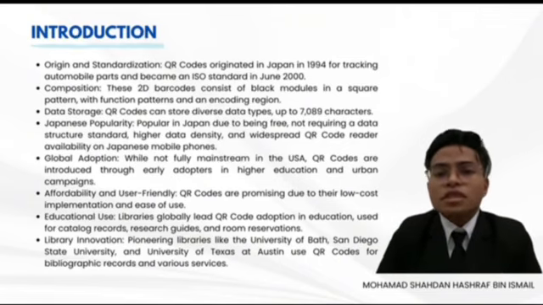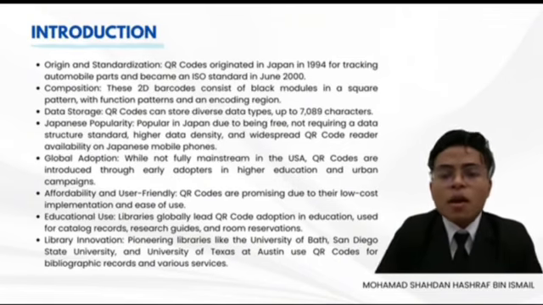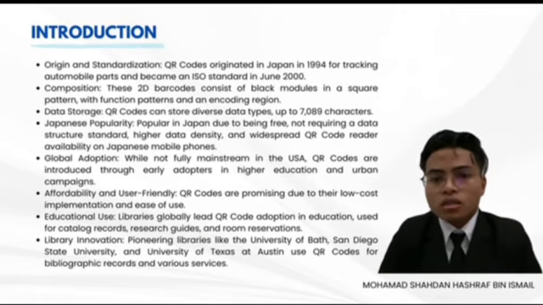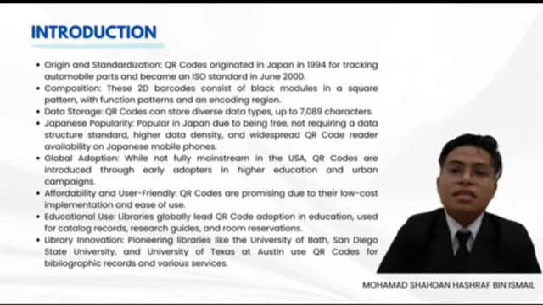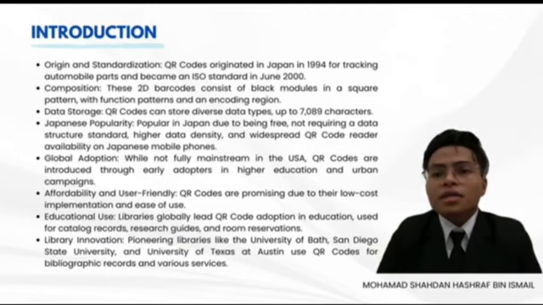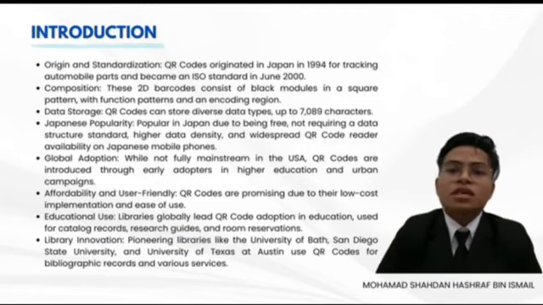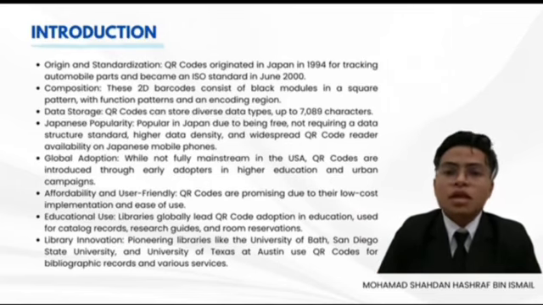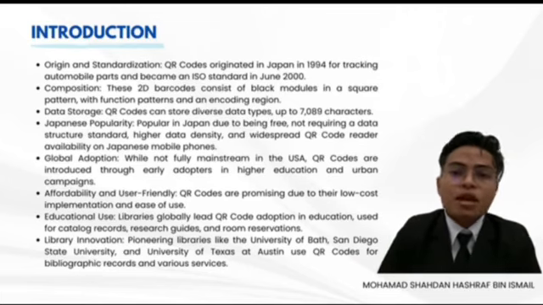The University of Bath pioneered the use of QR code for catalog records, encoding details like title, author, location, and call number. Other libraries, including San Diego State University, University of Texas at Austin, and more, have adopted similar services.